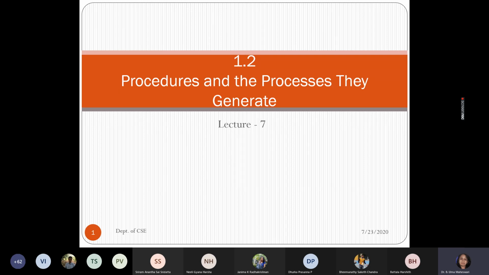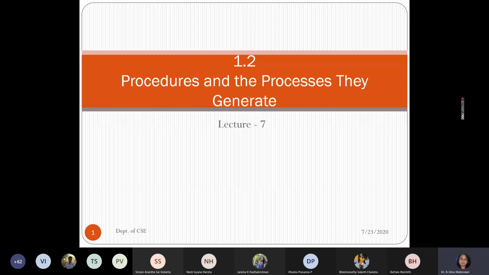Now in order to become an expert, you have to know the process shapes. Whenever you are calling the procedures recursively, how the processes are generated, in which shape the processes are created, and finally how it evaporates. So let us see that.